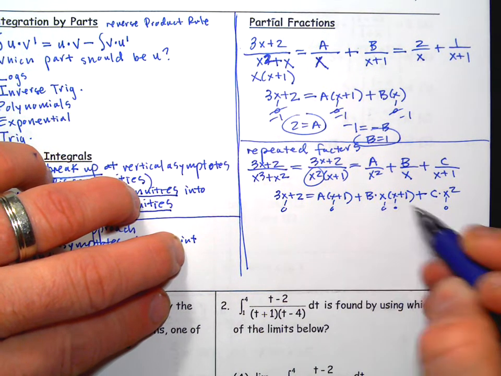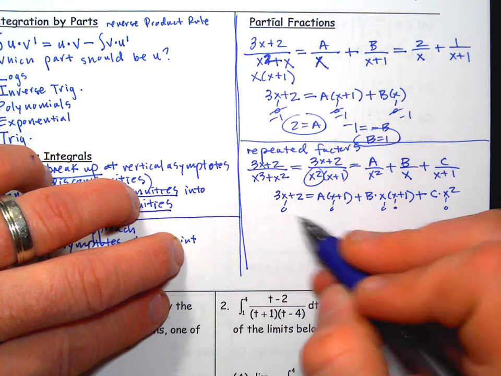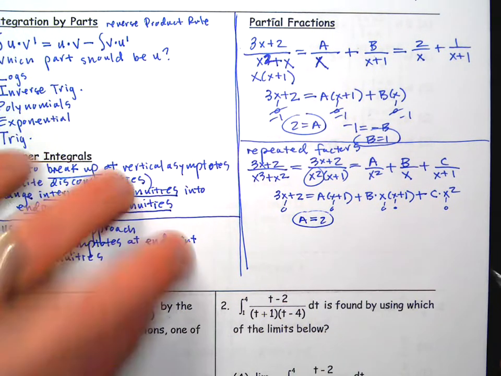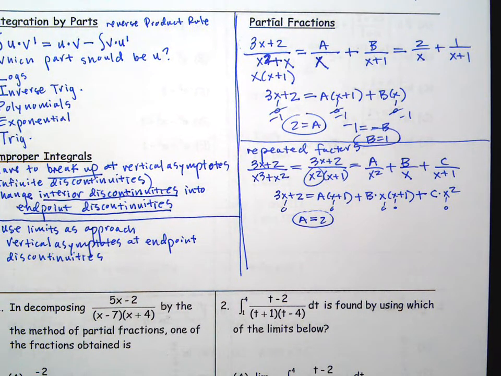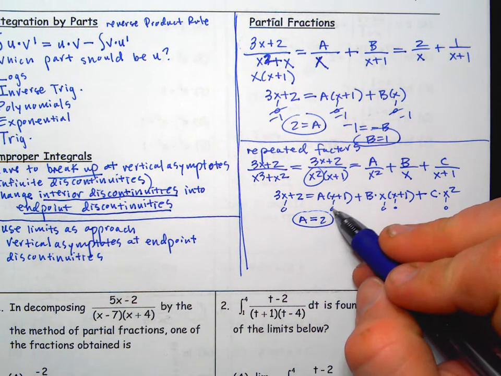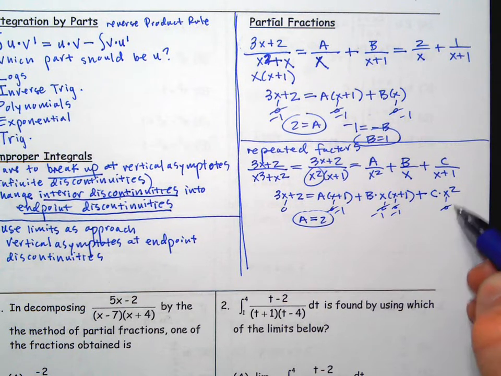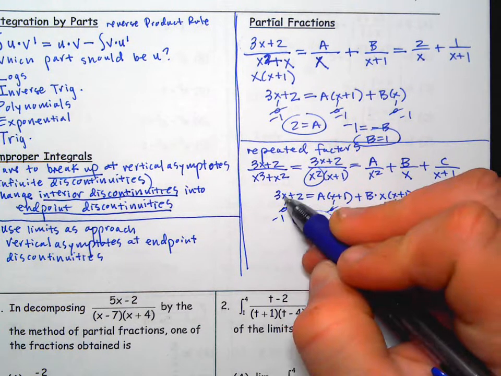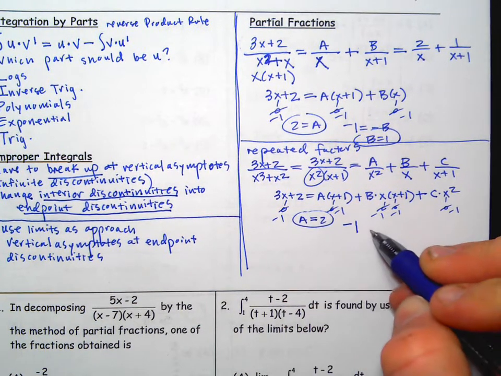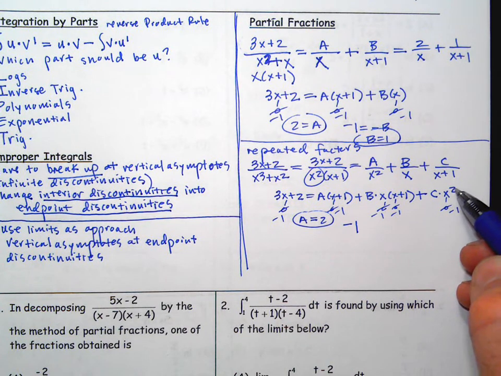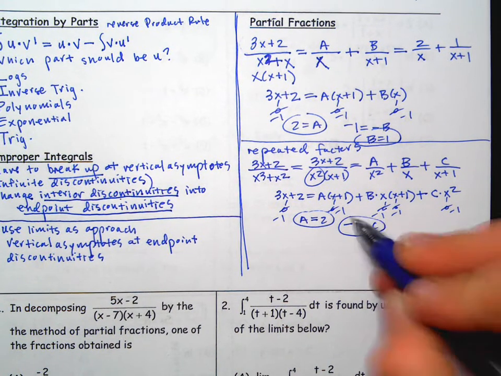And then that would make both of these terms go away, and you get your a value. A equals 2. Now, if we didn't do that, let's keep going. If we plug -1 in for all of the x values, then we get -1 equals, that goes to 0, that goes to 0. -1 squared is 1, so that's your c value.